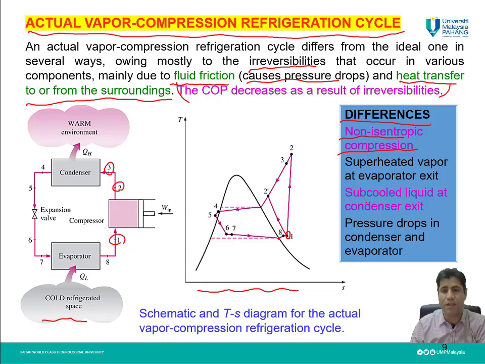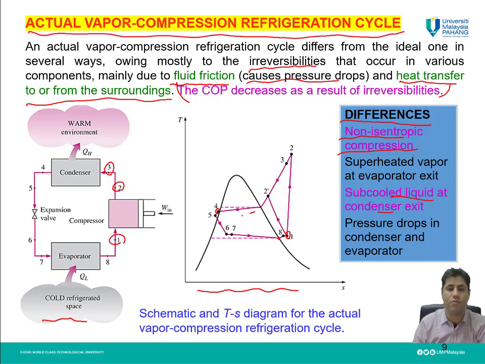Moreover, in the actual cycle, we have a subcooled liquid at the condenser exit. If you remember, it is this state 4. I told you that after the condenser we have saturated liquid, but it is only for the ideal cycle. In the actual cycle, we have a subcooled liquid at the condenser exit. And also we have pressure drops in the condenser and in the evaporator.